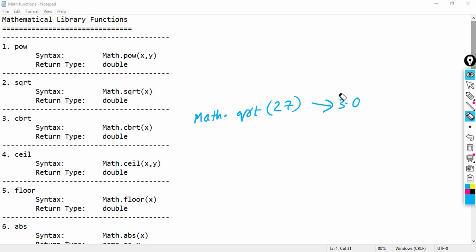Sorry, it should not be SQRT here, it should be CBRT. We are finding the cube root. So, this is cube root, CBRT. Similarly, if I pass 125 to CBRT, it will give me 5.0. Its return type is also double.